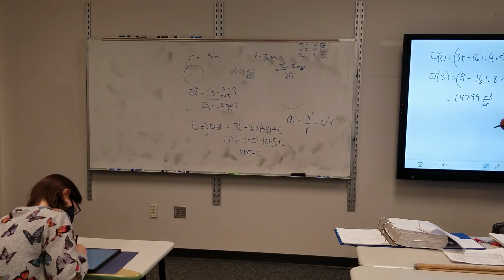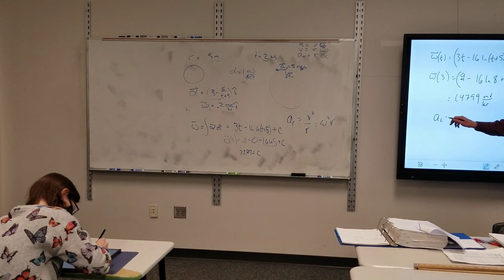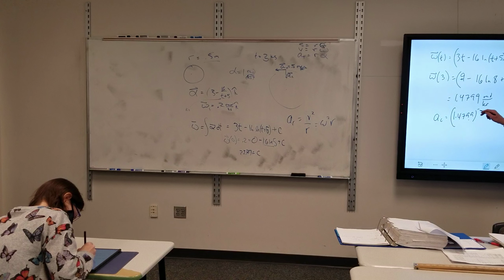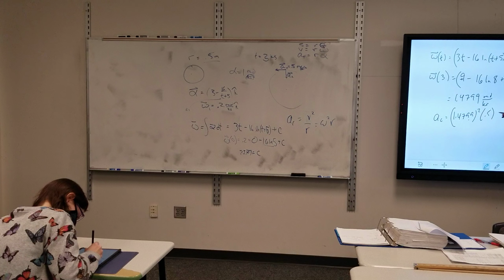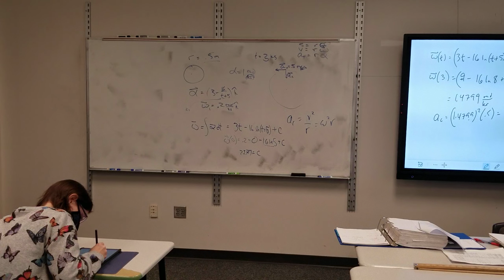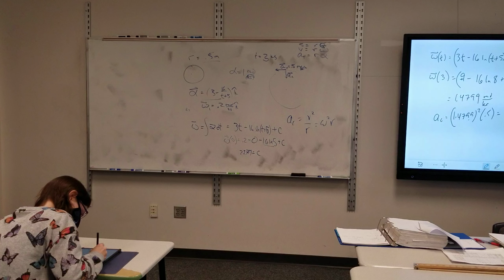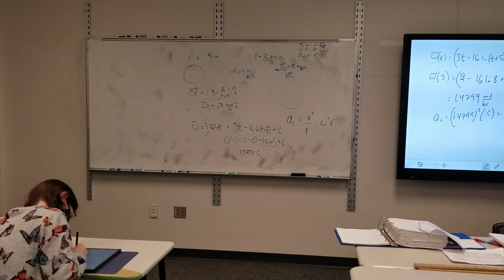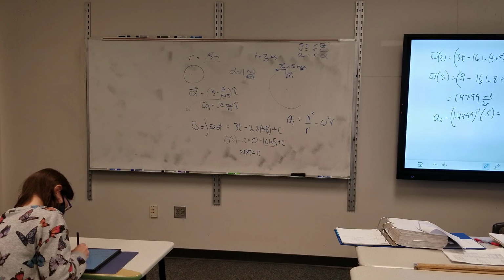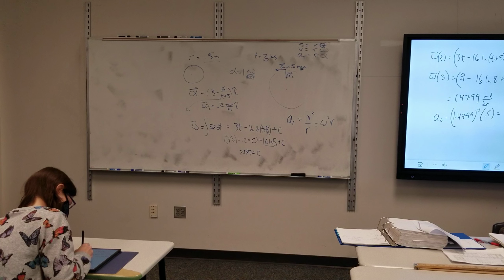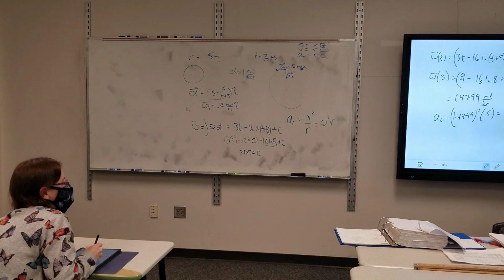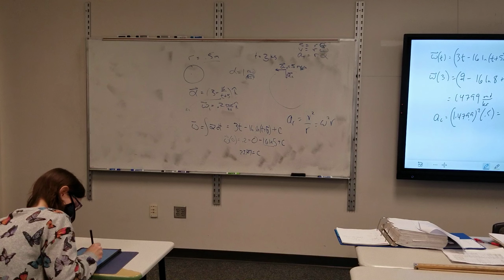And so therefore, our centripetal acceleration is 1.4799 squared times 0.5, which is about 1.095.